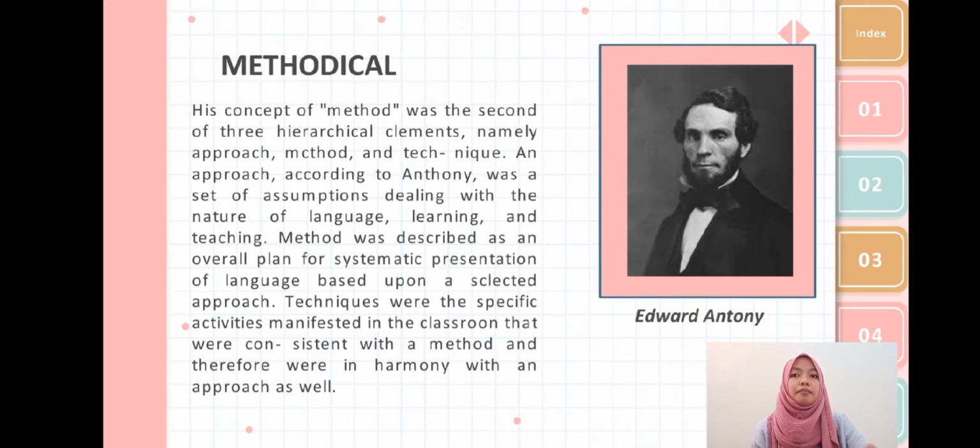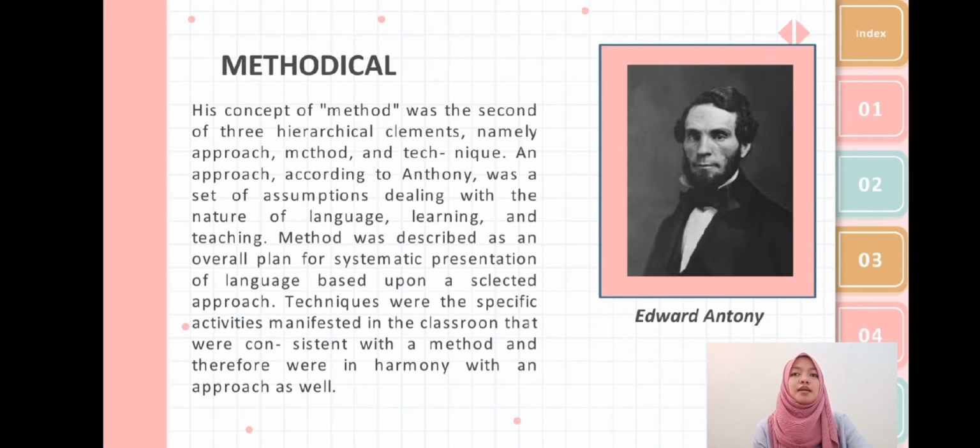The method was described as an overall plan for systematic presentation of language based upon the selected approach. So the technique was the specific activity manifested in the classroom, derived from the teaching method.